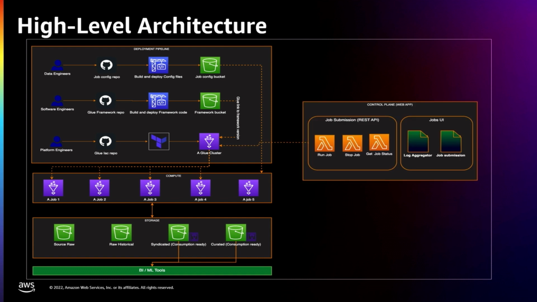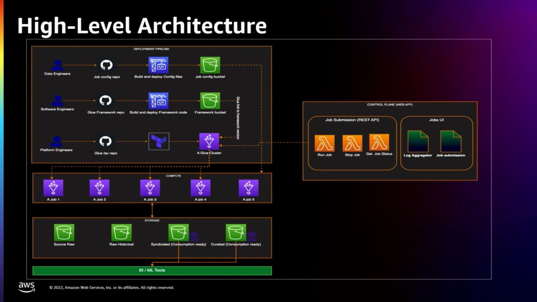This was the most important piece for us. It's our control plane. In order to tie everything together and to provide an interface to submit jobs into Glue in the form of a cluster, we just layered on top of the Boto API with Glue some wrappers for ourselves that allow us to run a job, stop a job, and also track a job once we trigger it.